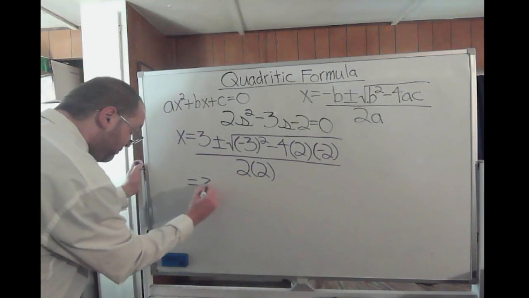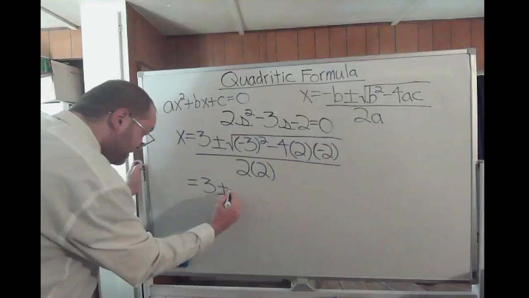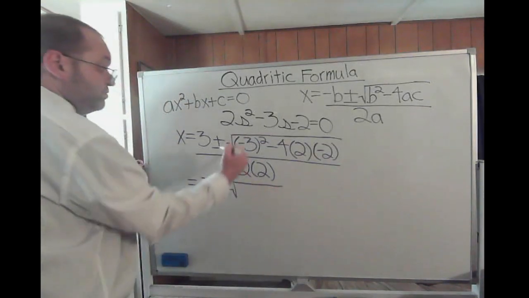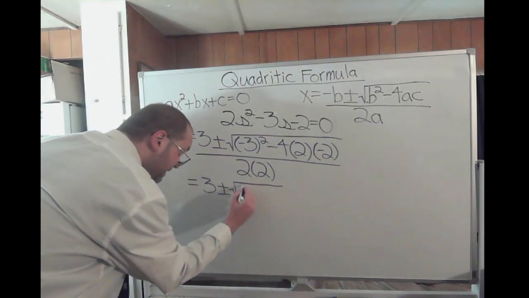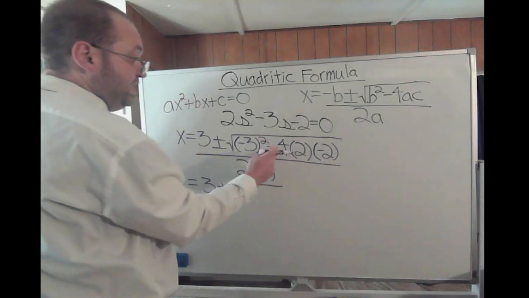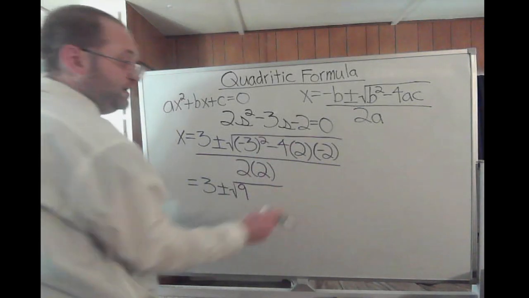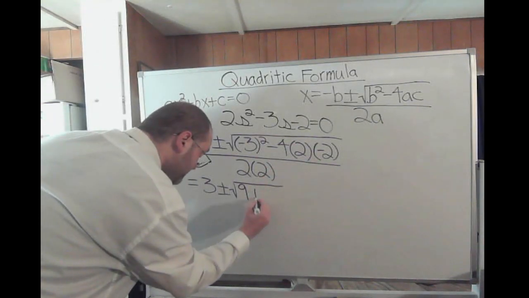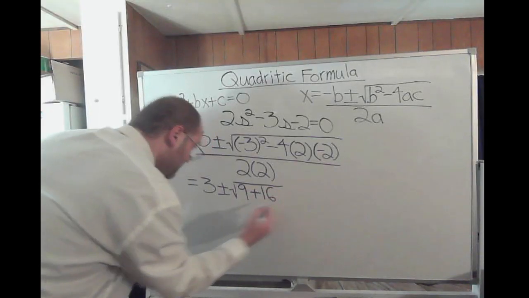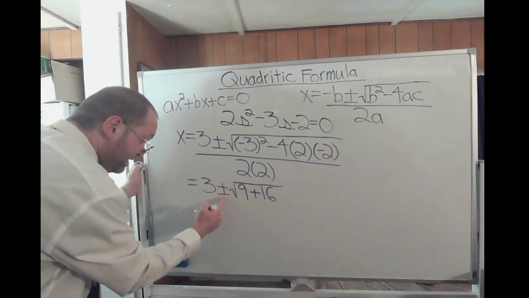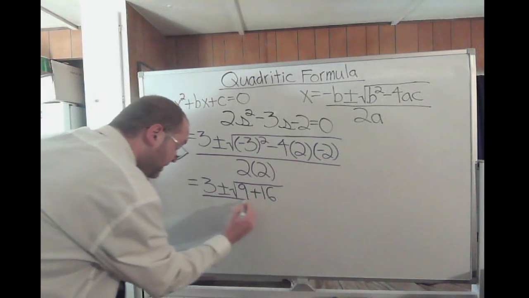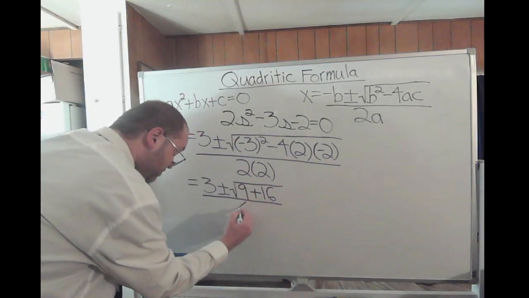Which means you're going to have 3 plus and minus the square root of, well, negative 3 squared, that's positive 9. And then negative 4 times 2 is negative 8 times negative 2, that's positive 16. So you'll have 3 plus and minus the square root of 9 plus 16 all over 2 times 2, which is 4.